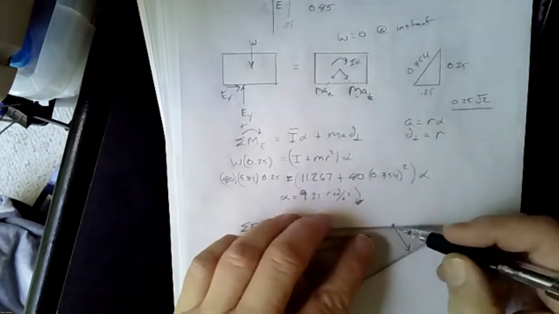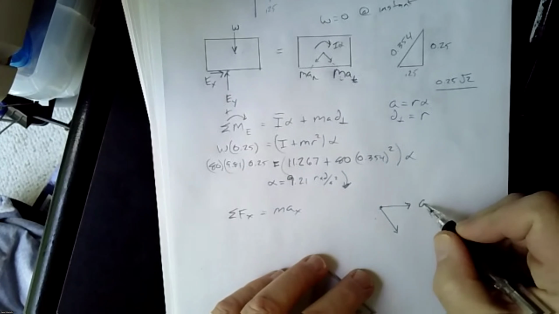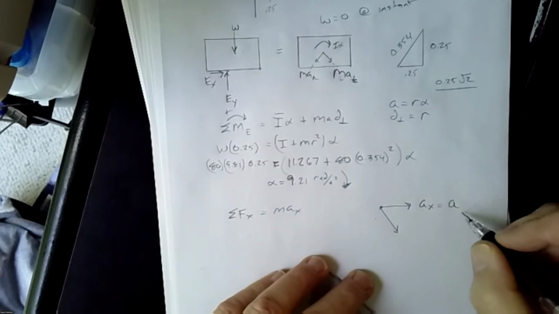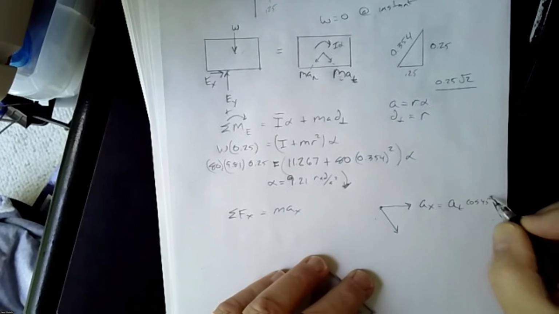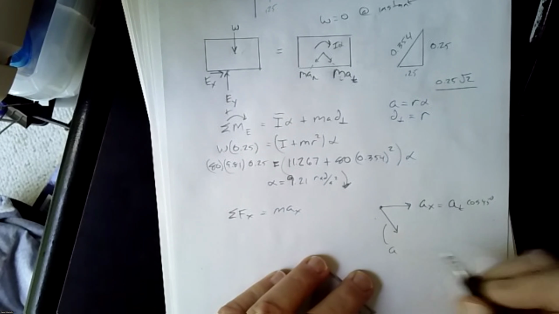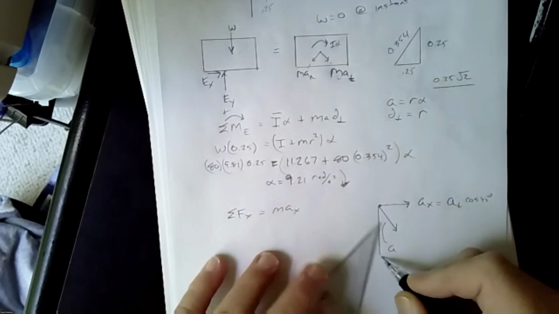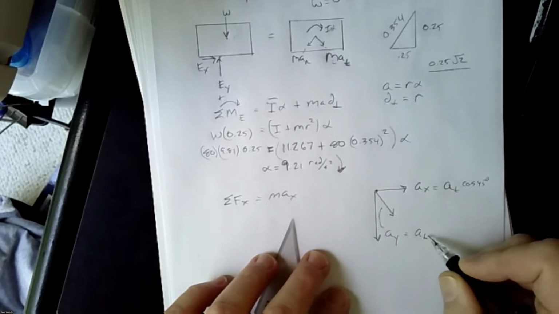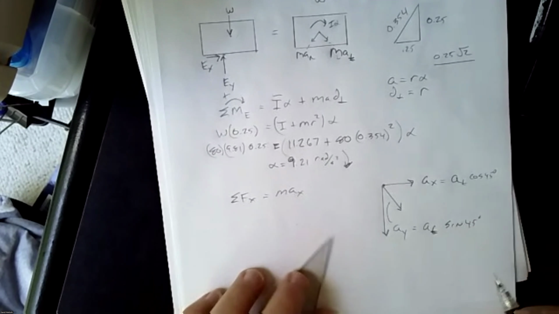That means that acceleration in the X is going to equal acceleration tangential times cosine 45 degrees, and acceleration going down in the Y is going to be acceleration tangential times sine 45 degrees. Now, how do we get this?